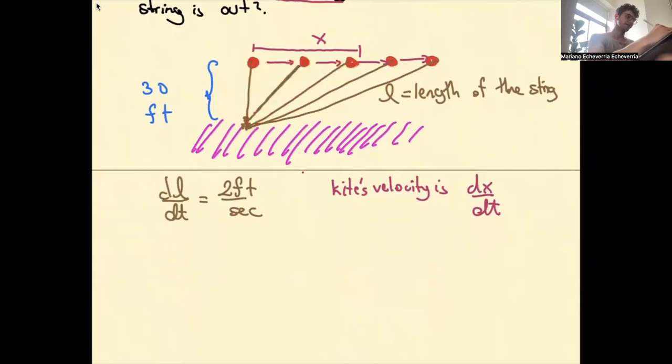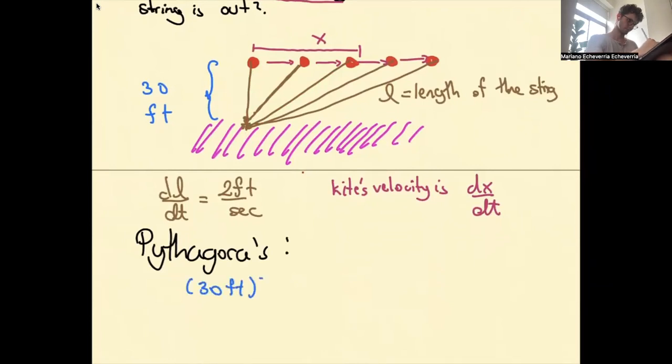Right, so 30 feet squared. This is where you have to use Pythagoras' theorem. Is that okay?